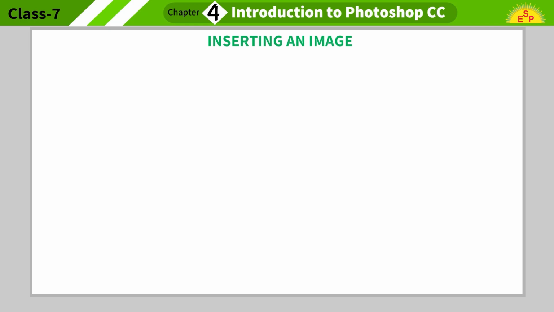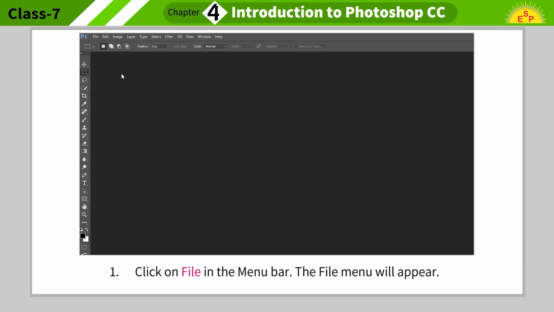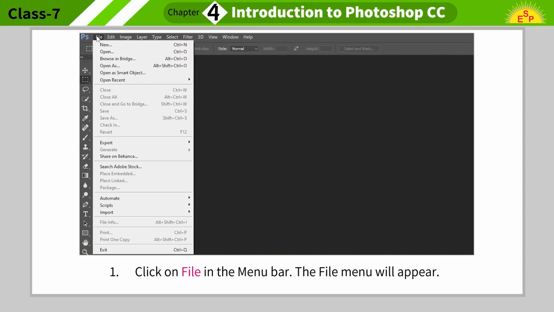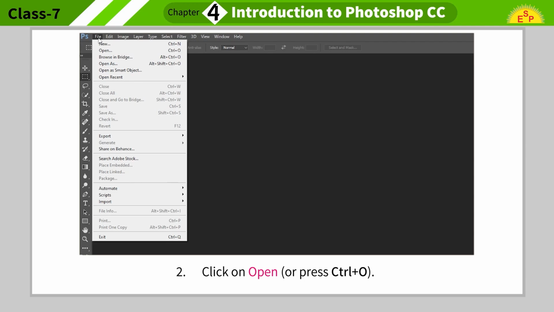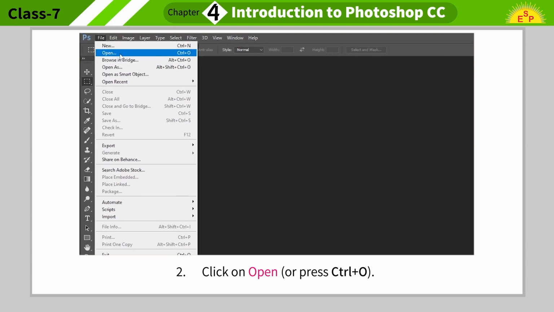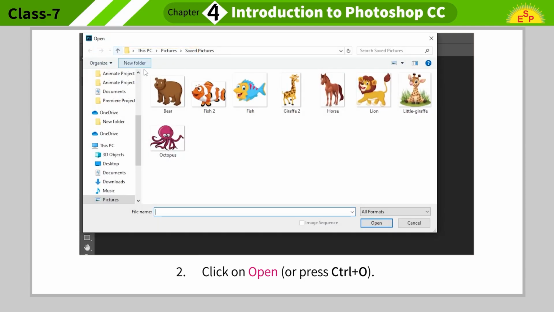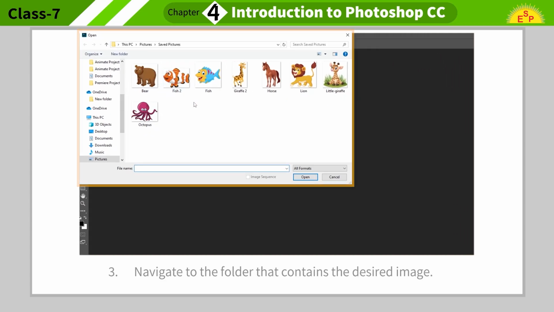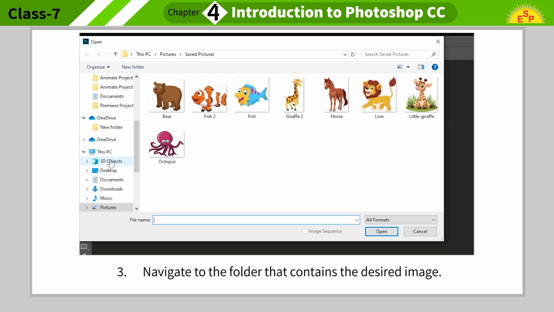Inserting an image. Follow the steps to insert an image. Step 1. Click on File in the menu bar. The File menu will appear. Step 2. Click on Open or press Ctrl+O. The Open dialog box appears. Step 3.